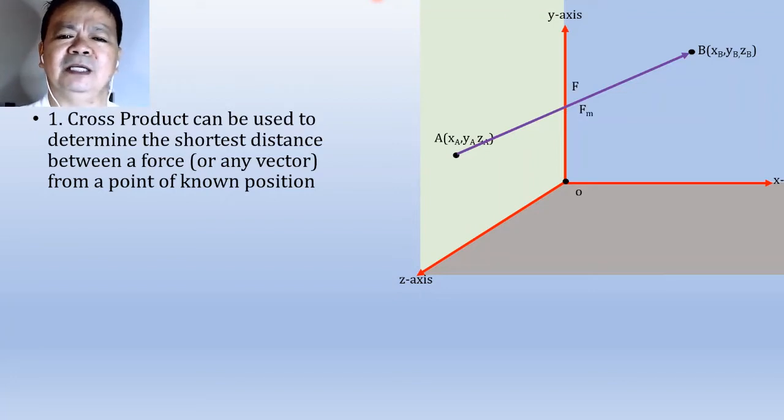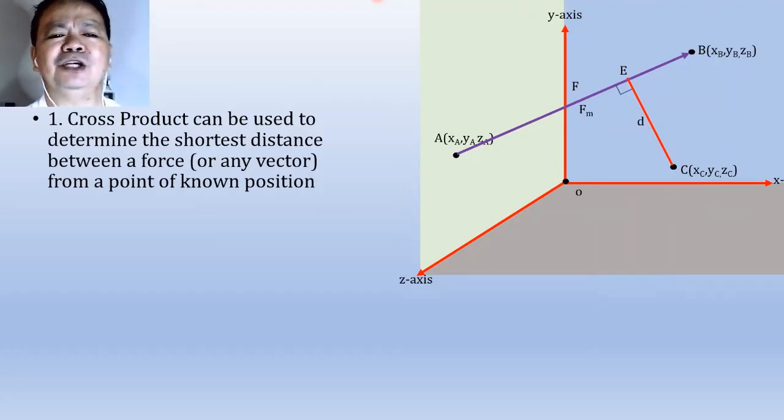And let us imagine further that on this plane there is another point C whose coordinate is given as x sub C, y sub C, and z sub C, such that the shortest distance between this point C and the vector F is shown by this line, where that distance is given as d.